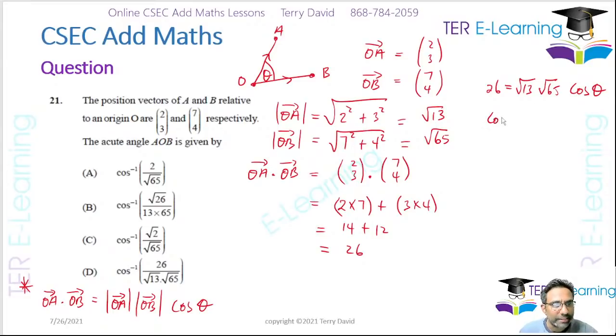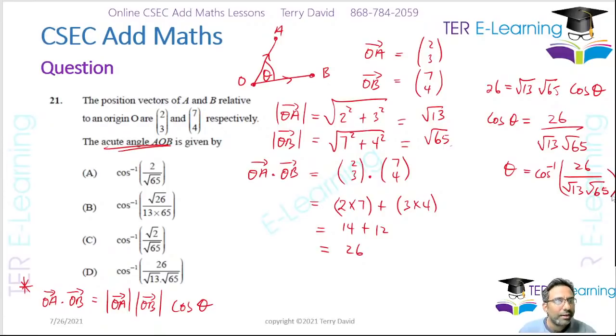So cos theta is equal to 26 divided by the square root of 13 multiplied by the square root of 65. But the question wants the acute angle AOB. So that angle is going to be equal to cos inverse of 26 over square root of 13 square root of 65.